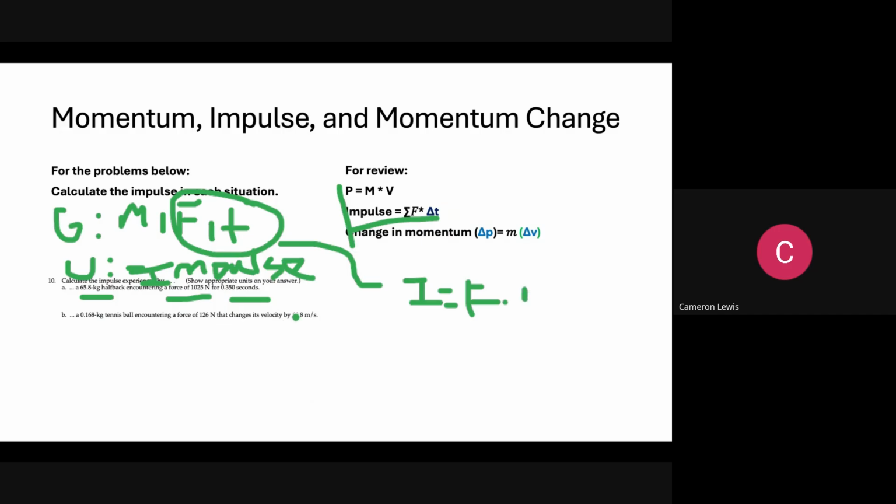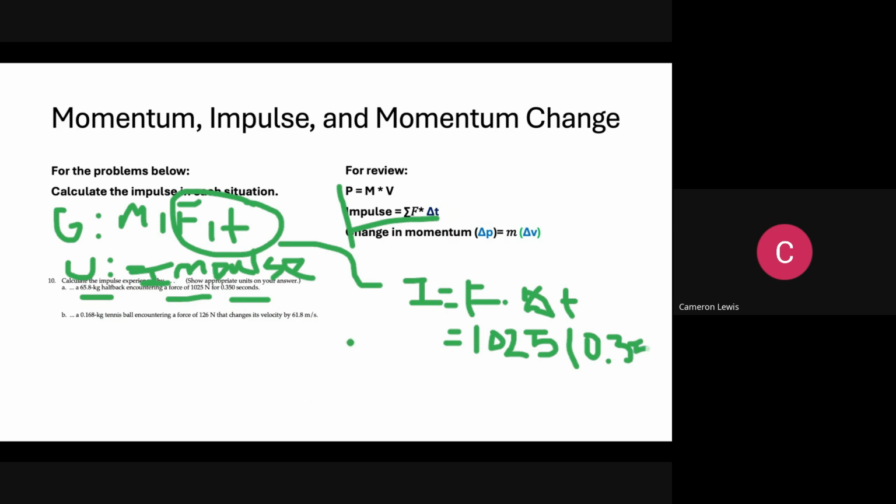What is the total force in this system? 125 newtons. There we go. And what is the time that this force is exerted? 0.35 seconds. Exactly. So all I should do with those is multiply them.